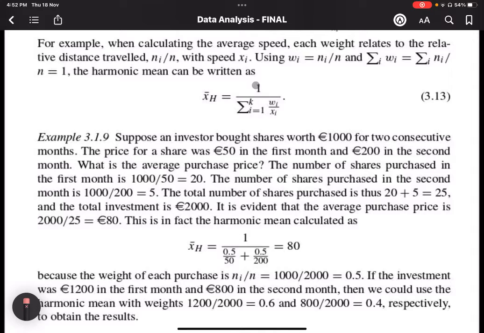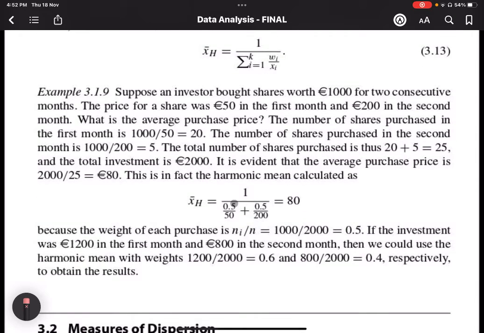So from the formula, saan galing yung 0.5? 0.5 is the weight for each investment, no? For each month. So first month is 1,000 over 2,000, the ratio is the weight for that, which is 0.5.